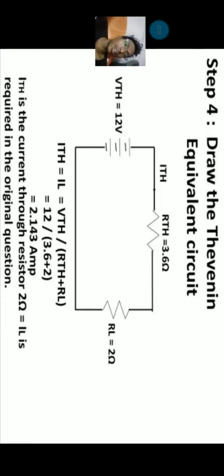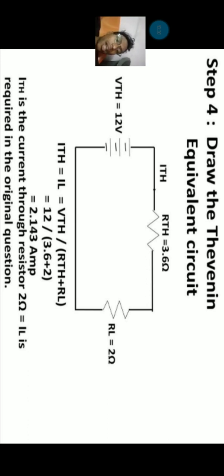That is the Thevenin resistance. Finally we draw the Thevenin equivalent circuit, where RThevenin is connected in series with the load resistor RL, and VThevenin we got as 11.1, which we approximate as 12 volts.